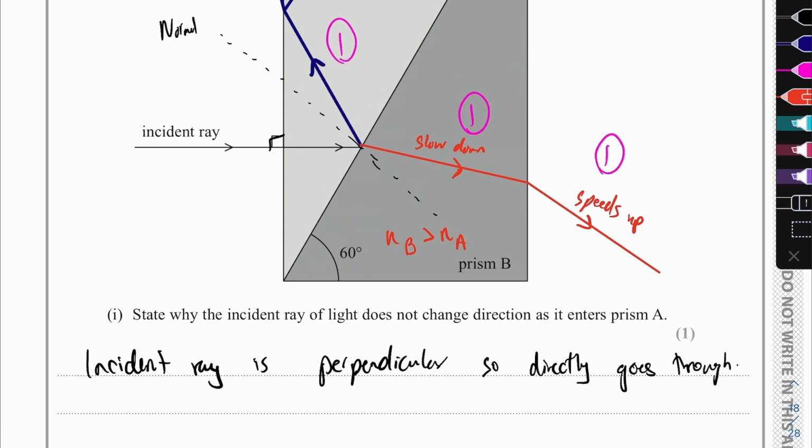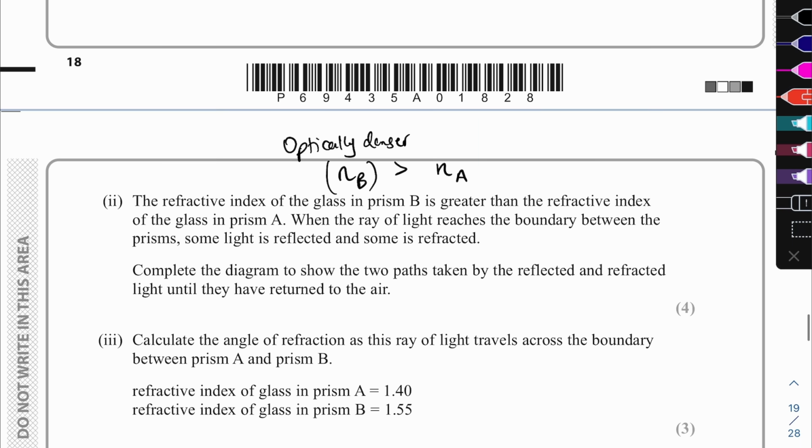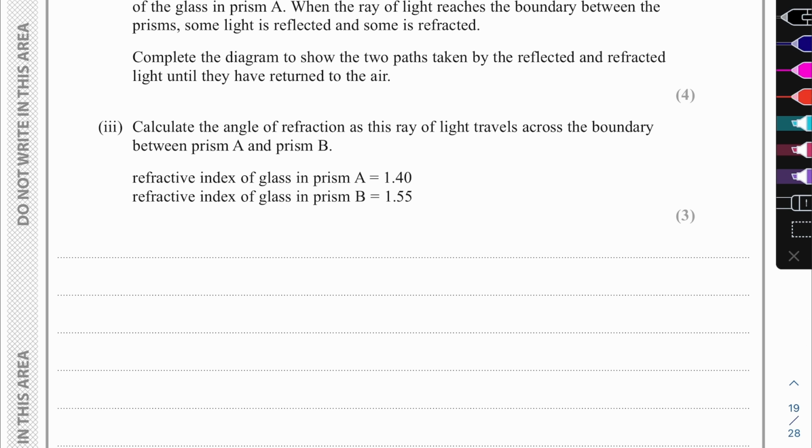They're trying to find out this refraction angle, or theta 2, because it's of the other medium. So let's go back. They've given us n of A, n of B, and they're trying to work out the angle of refraction.